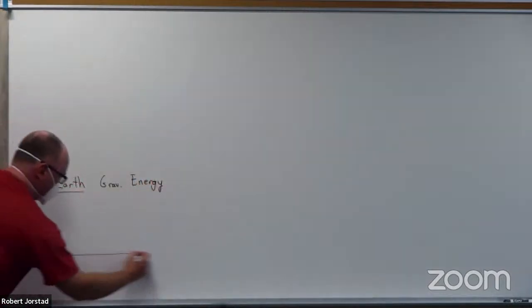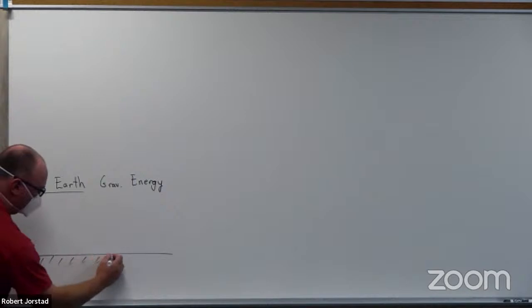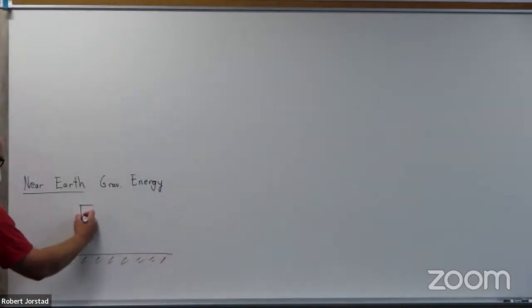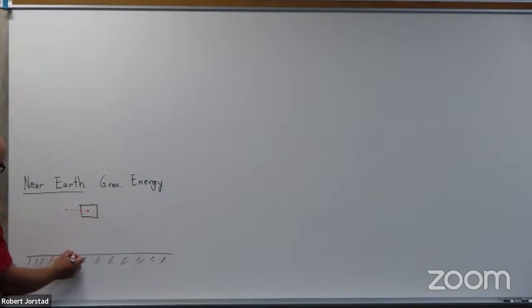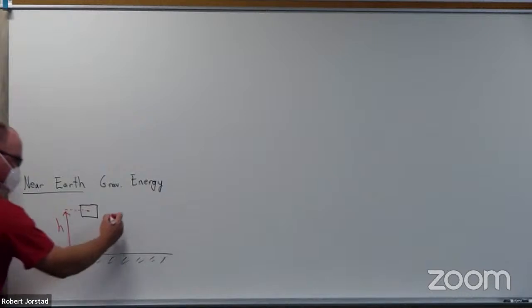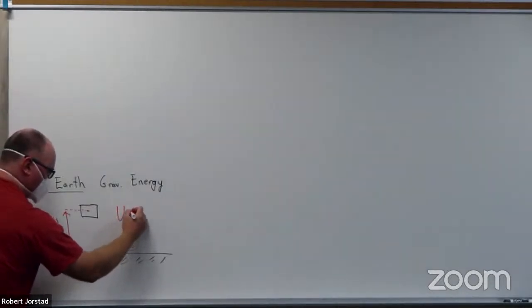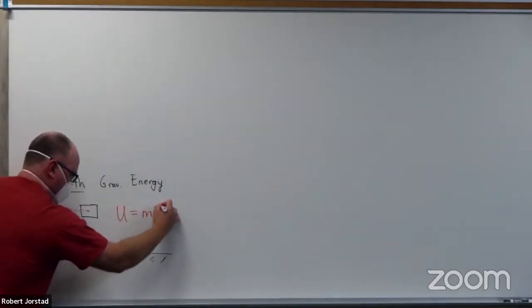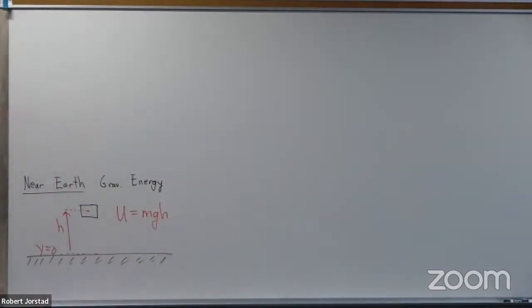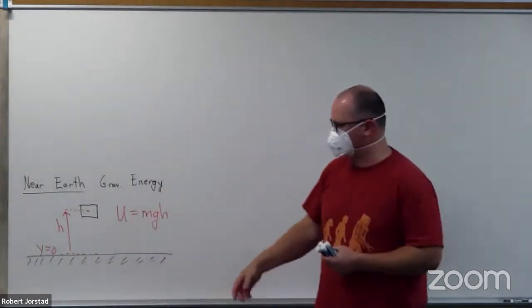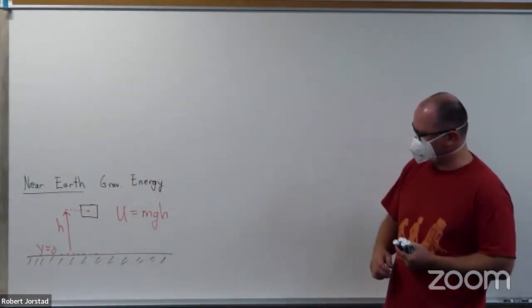Near Earth, we would sometimes have a box, something somewhere up in the air. We would pick a reference level. We'd call this height H. And we'd say U due to mgh. You remember that? So that was near Earth. And the units popped out as joules.